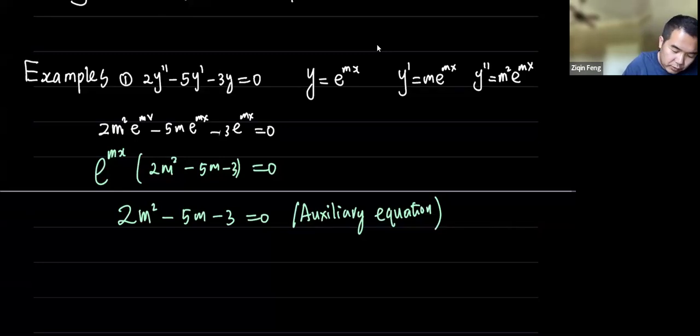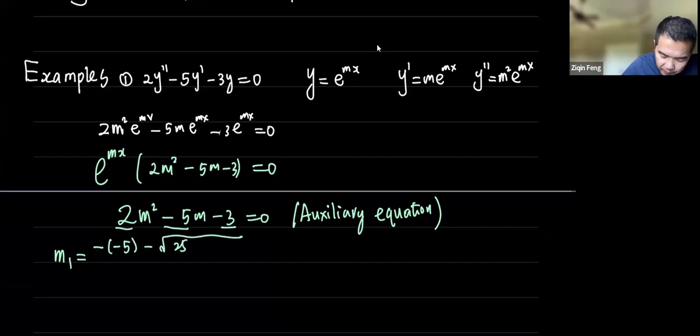Let's use that. m1 is negative b, minus the square root of b squared minus 4ac, where b squared is 25 and 4ac is 4 times 2 times negative 3, which is negative 24, so plus 24.